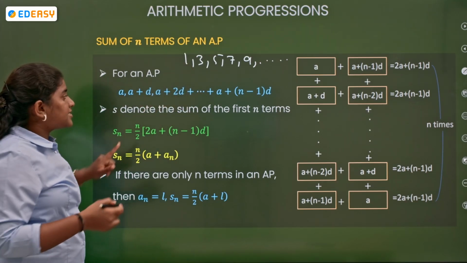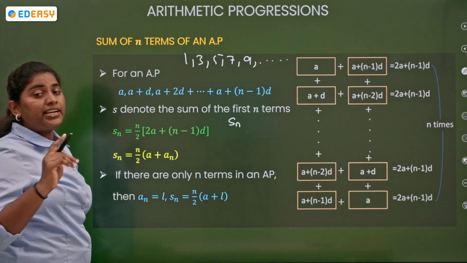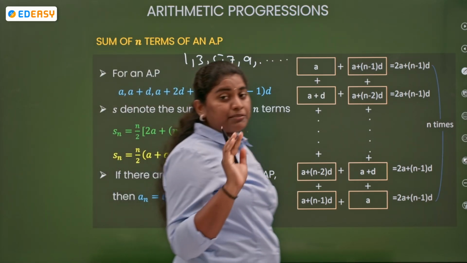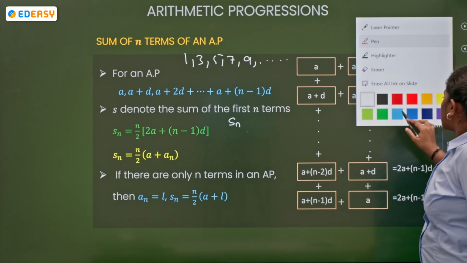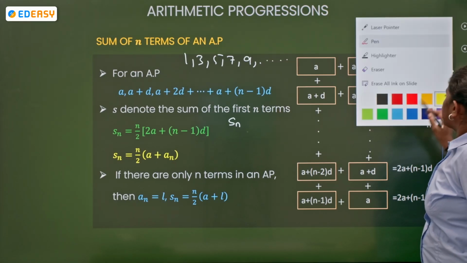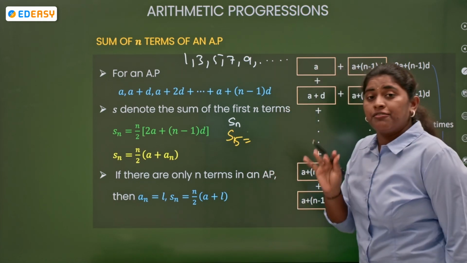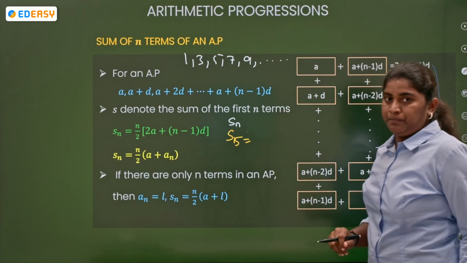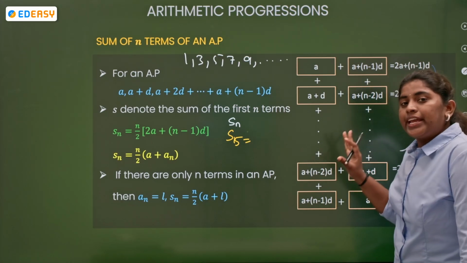Sn represents the sum of n terms of an AP. So what will S15 represent? S15 will represent the sum of the first 15 terms of an AP.